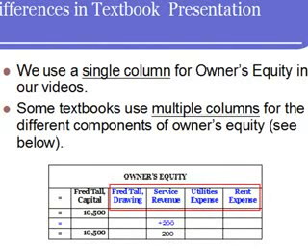Here we see we have a Fred Taw drawing account, a service revenue account, utilities expense, and rent expense. These are all items that affect owner equity, but rather than record them directly in the capital account, the textbook will record them separately. Here, service revenue is being recorded in its own account, service revenue.